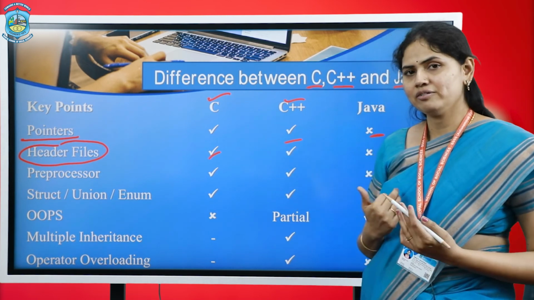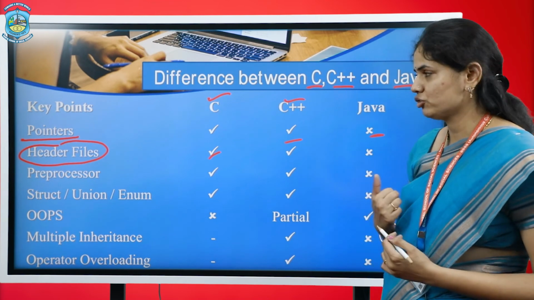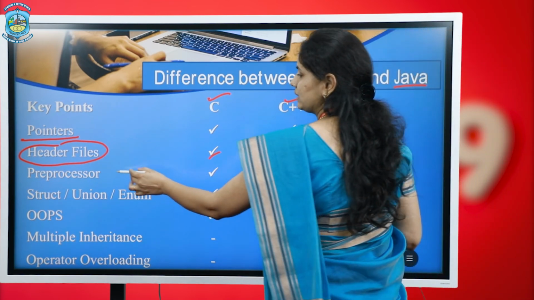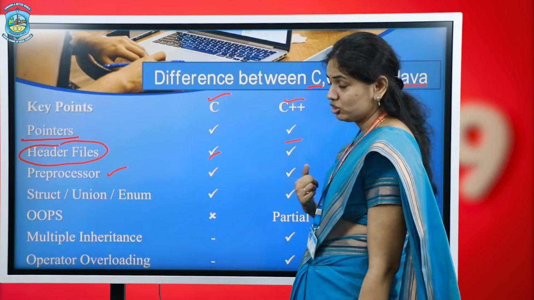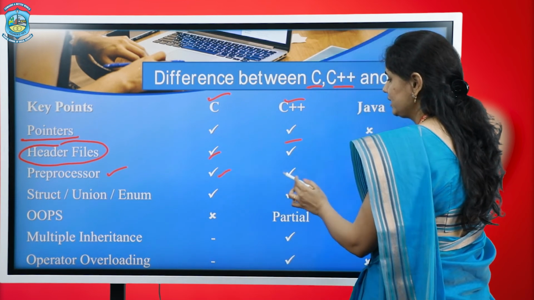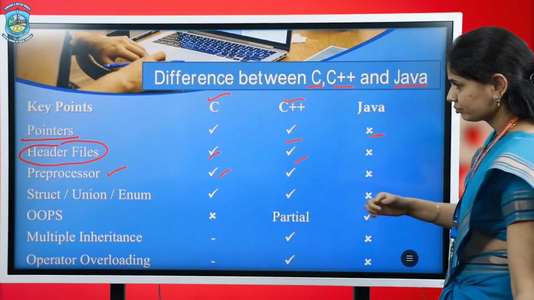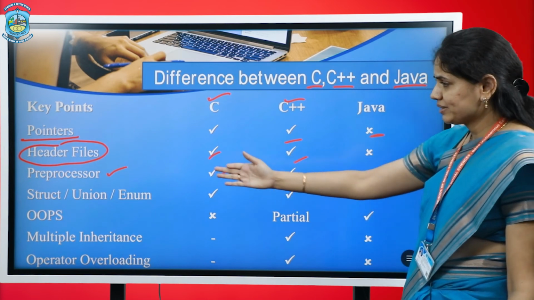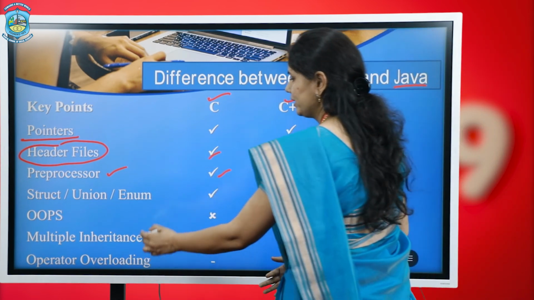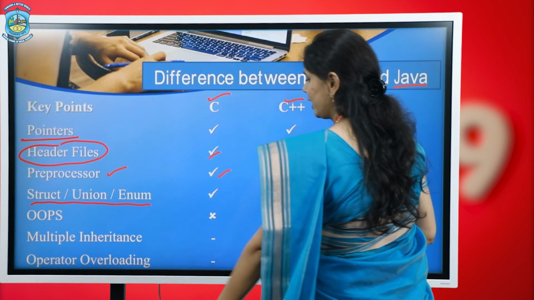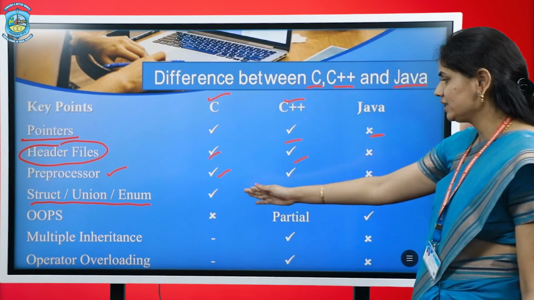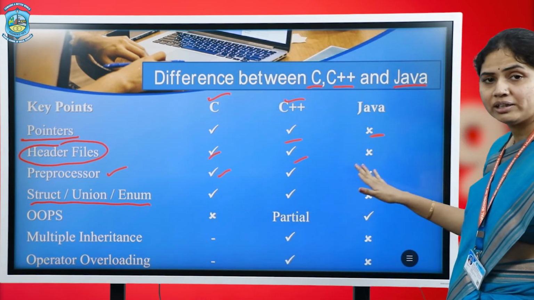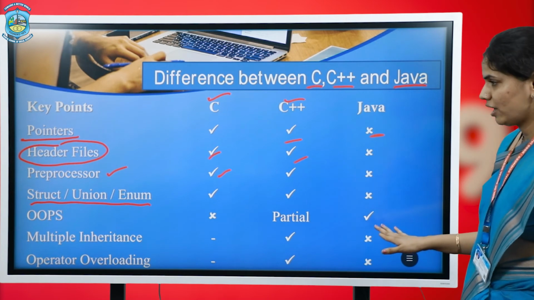In place of header files, we use packages in Java. Then preprocessor directives are not required in Java, but they were there in C and C++. Data types like structure, union and enum were supported by C as well as C++, but are not supported in Java.